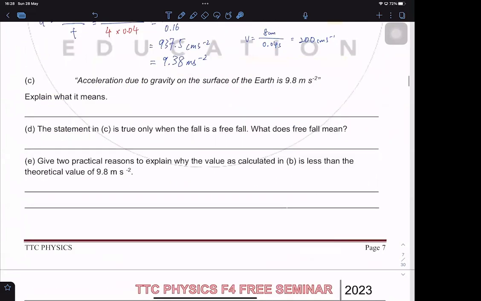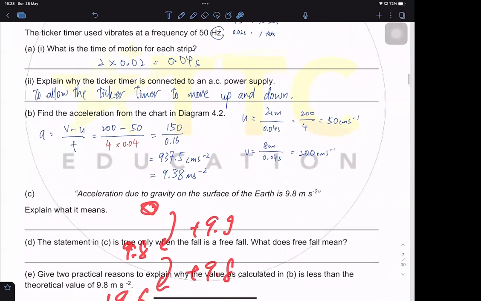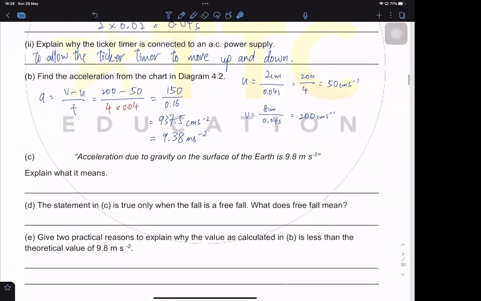So that means your speed will start from 0, then it'll be 9.8, and then 19.6, and then 28.4. It's all plus 9.8 plus 9.8 plus 9.8. That is what it means. Your speed will increase by 9.8 every second.